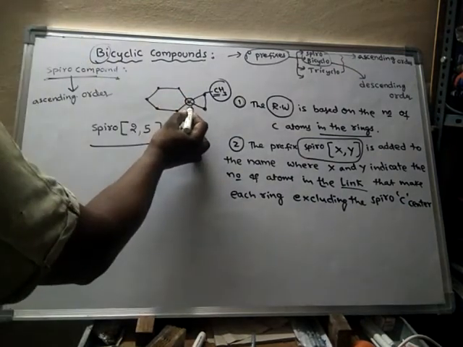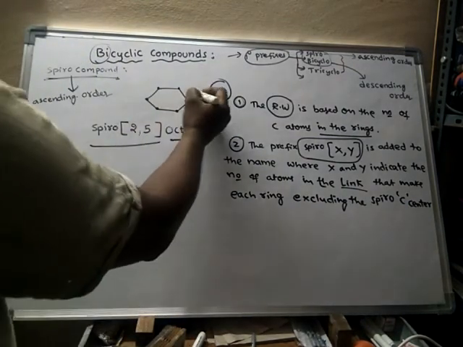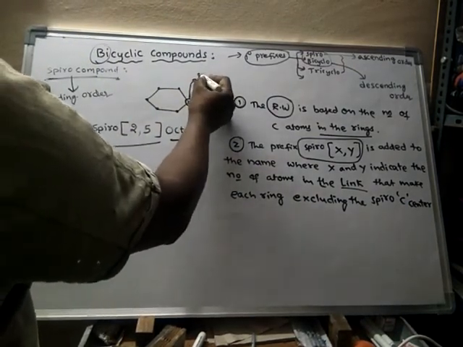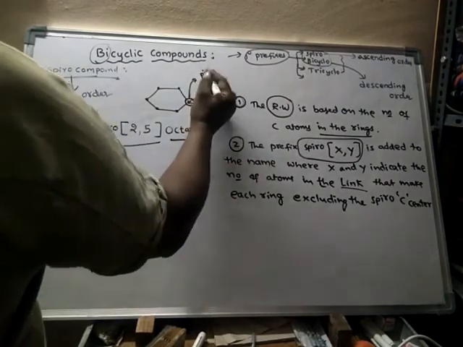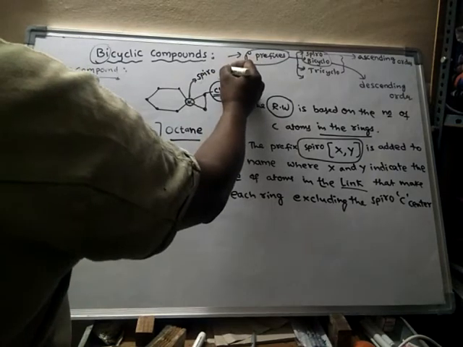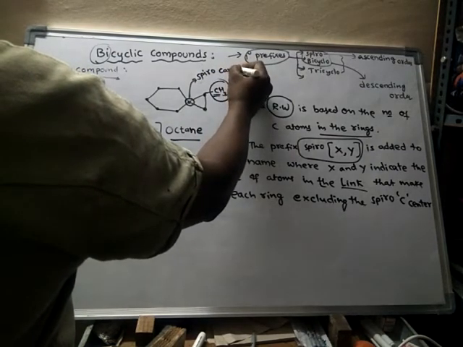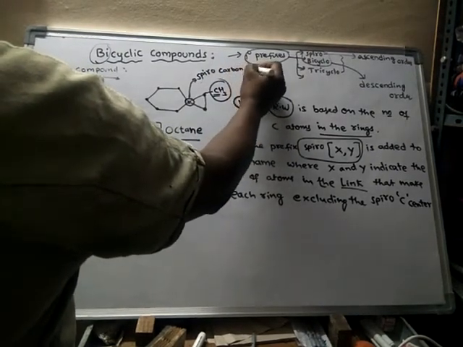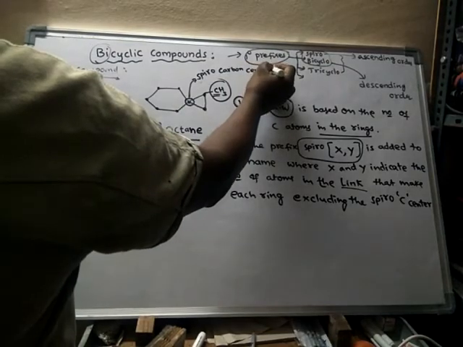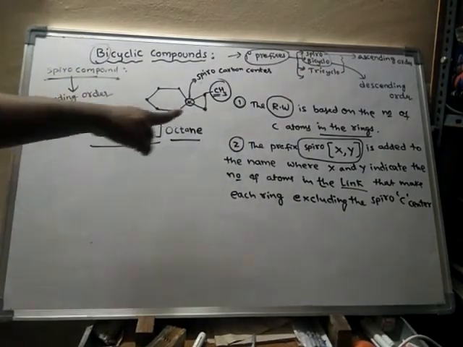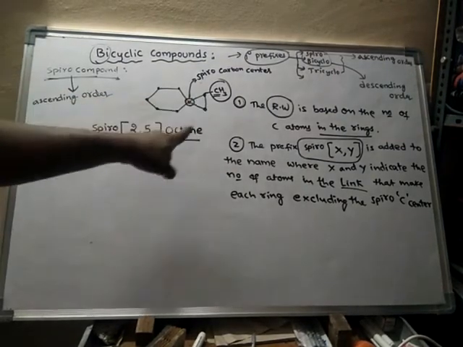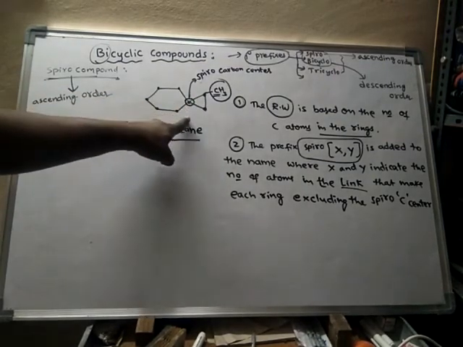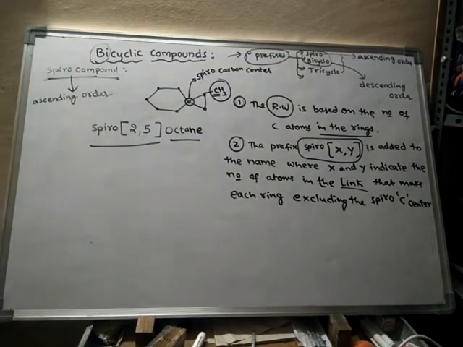So what is this one? This is called the spirocarbon center, because it is connecting the two rings. These two rings are fused through this carbon only.